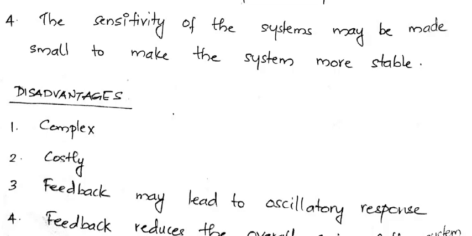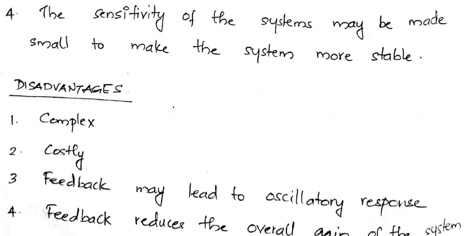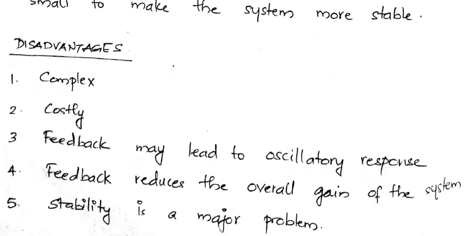So normally we go for a negative feedback, and this kind of negative feedback has the effect of reducing the overall gain of the system. So that is another disadvantage. And finally, as I told, stability is actually a major problem in closed loop control systems, but to some extent we can ensure that the system is stable, but we have to adjust the sensitivity of the system.